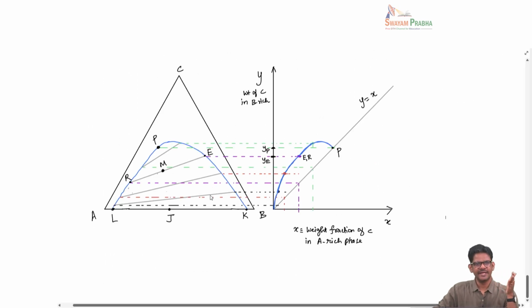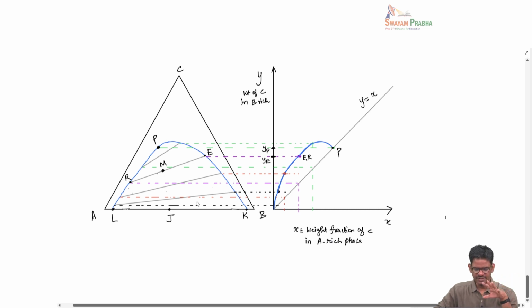What you see on the left hand side is the same data that I presented before. Now what we are trying to do is map this data into an equilibrium curve, where we want to relate the mole fraction of C in the B rich phase versus the mole fraction of C in the A rich phase.